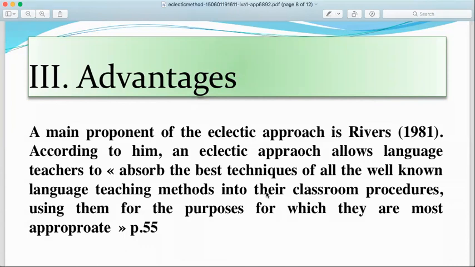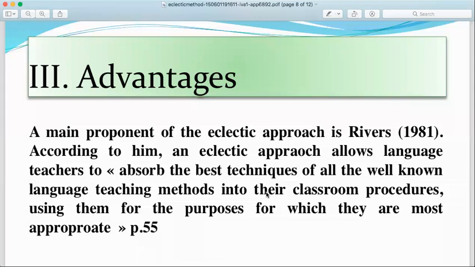Another characteristic of the eclectic approach is that it views the language as a whole. It does not divide the language into structures and forms and grammar and all of that. Preferably, the language should be taught as a whole. Language as a whole means language as used for functions, a functional approach to language.